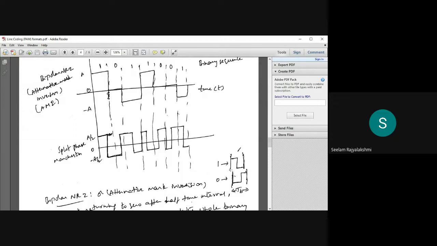What is the difference between these 2 symbols? If I want to transmit 1, it is a positive half interval pulse followed by a negative half interval pulse. For transmitting 0, it is a negative half interval pulse followed by a positive half interval pulse.